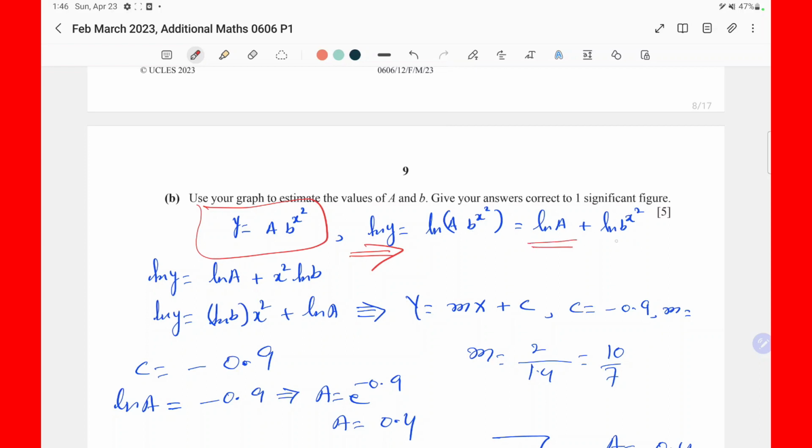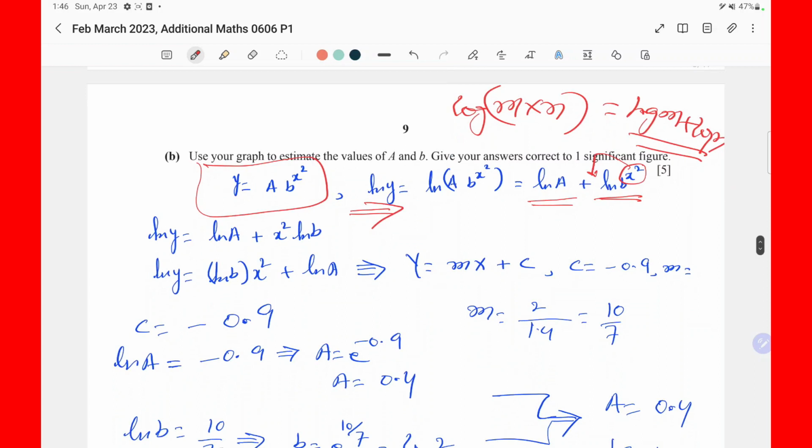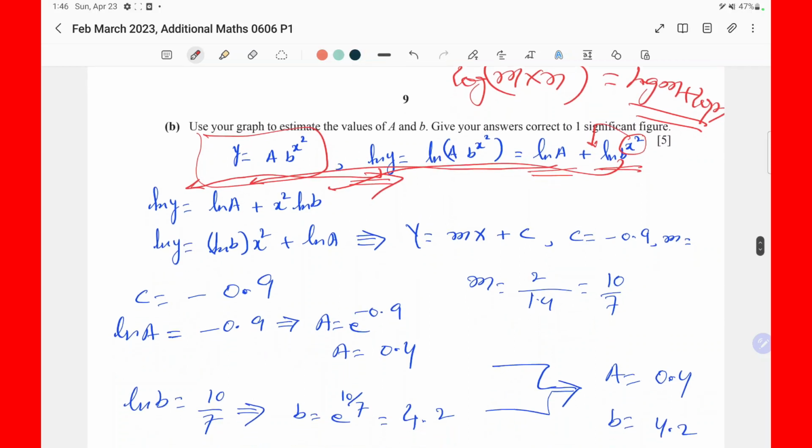Now it became ln a and ln b to the power x square, and then this x square will come here, and with the log properties it is broken in two parts with the addition sign, because we know that if we have log of m times n, then we can easily write log m plus log n. Now I got ln y here, ln a here, and x square ln b over here. Now I have this result. I can rewrite: ln y equals ln b times x square plus ln a.